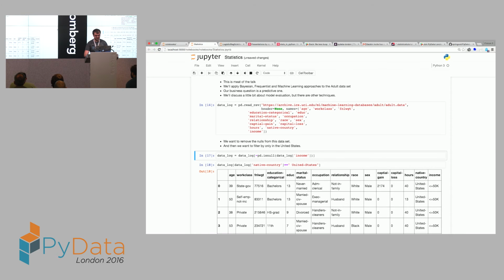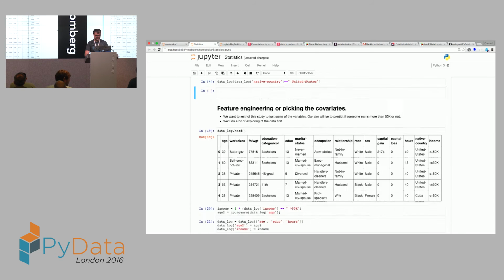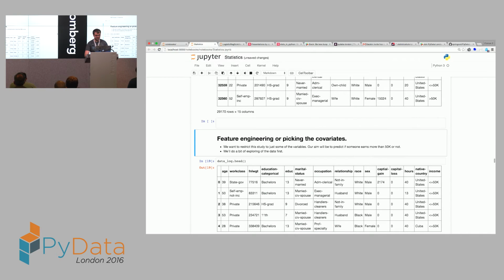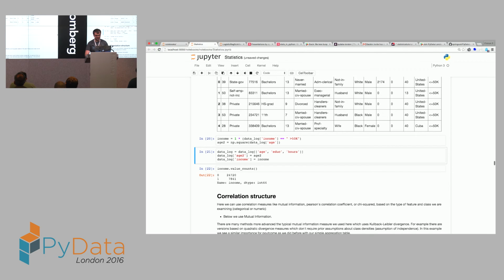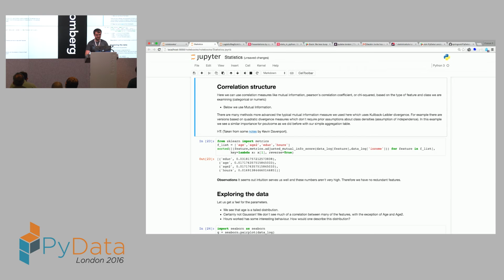Then you want to restrict these things, the same as we did earlier on. So we want to talk a little bit more about doing our feature engineering. You look at our head, do the same thing as earlier, make income into a binary variable, have your age squared, and look at your class balance in the data set.